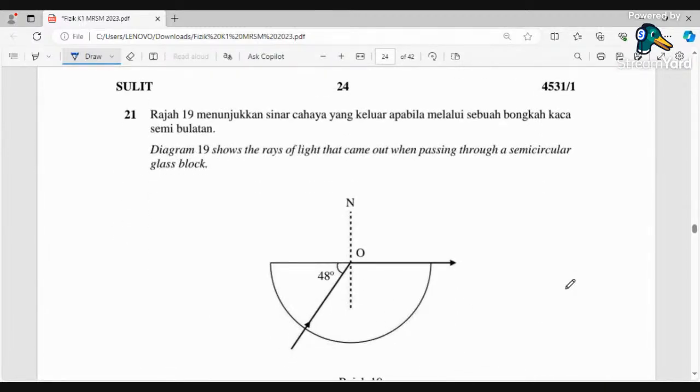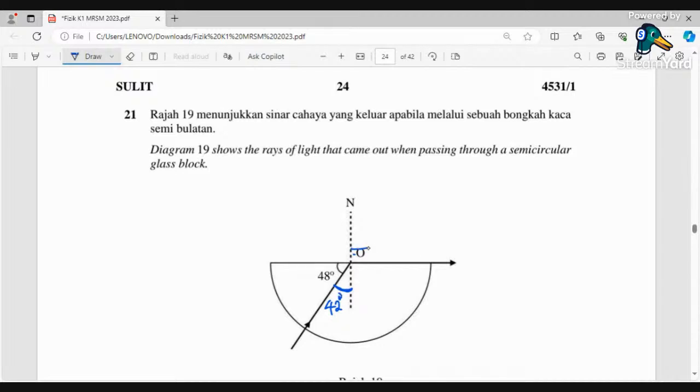Okay, number 21, semi-circular glass block. Okay, ini ialah angle 48. Many students mistaken the angle. Angle of incidence should be here. If here is 48, means here is 42. Okay.